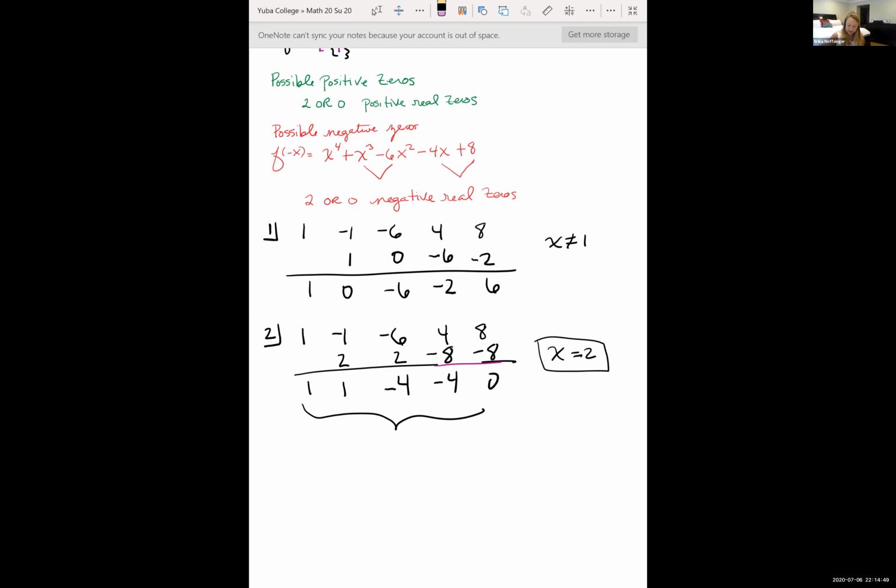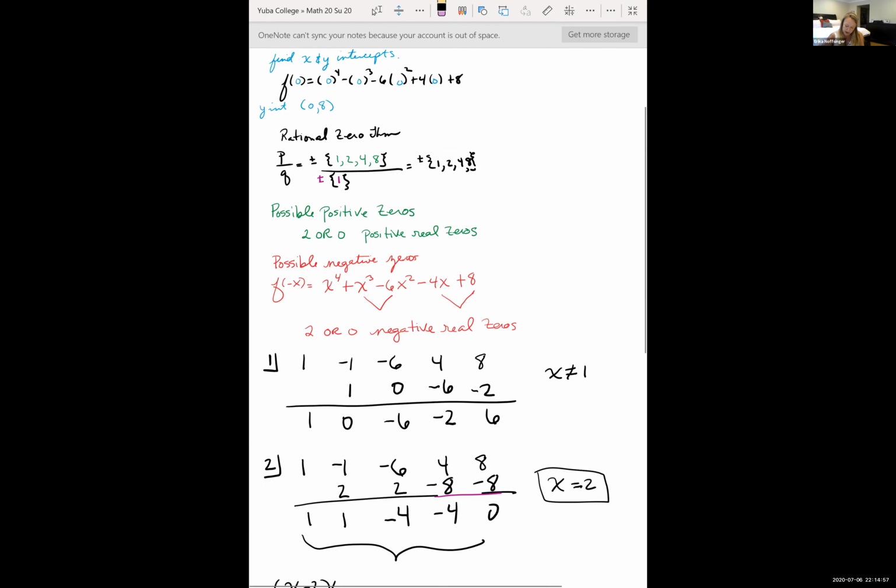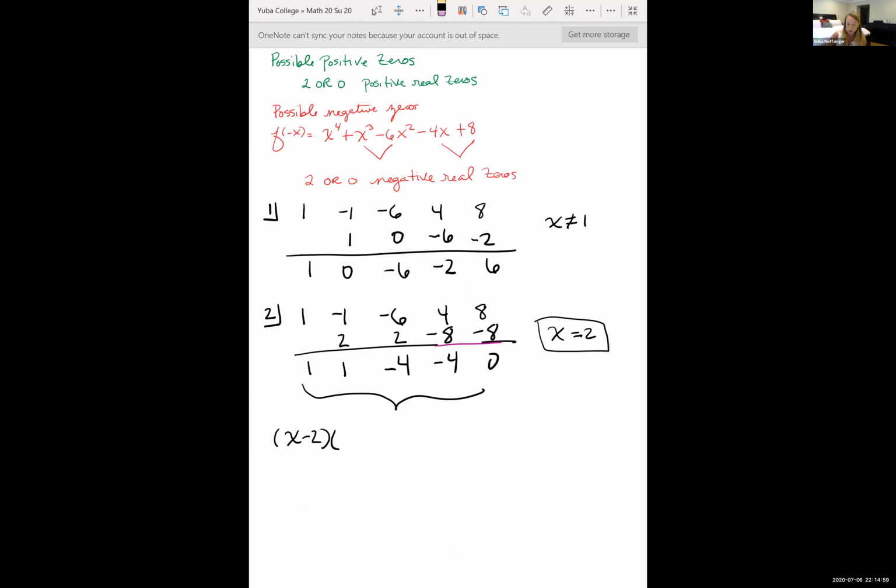And so we know x minus 2 is a factor. And this bottom row, well, what do we start with? The 4th power, so this is going to start with an x cubed. So this is x cubed plus x squared minus 4x minus 4. This is equal to our original polynomial f of x.